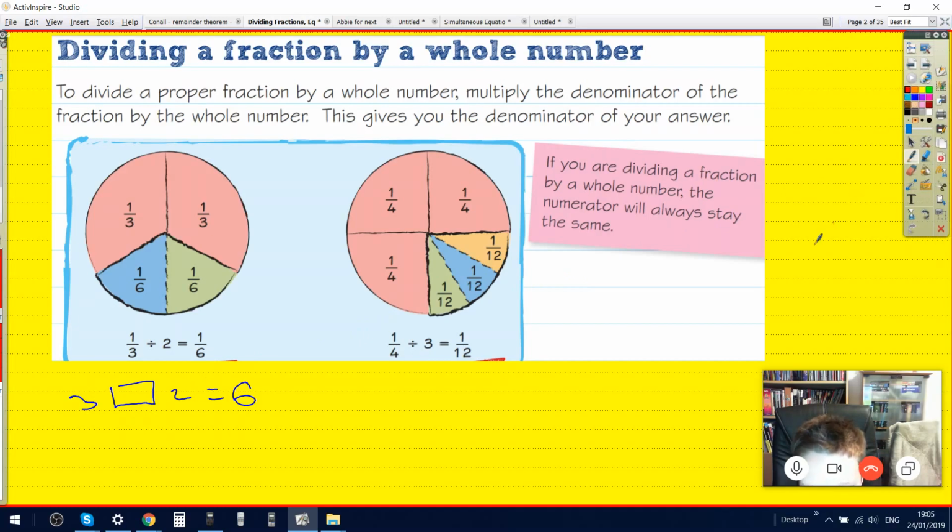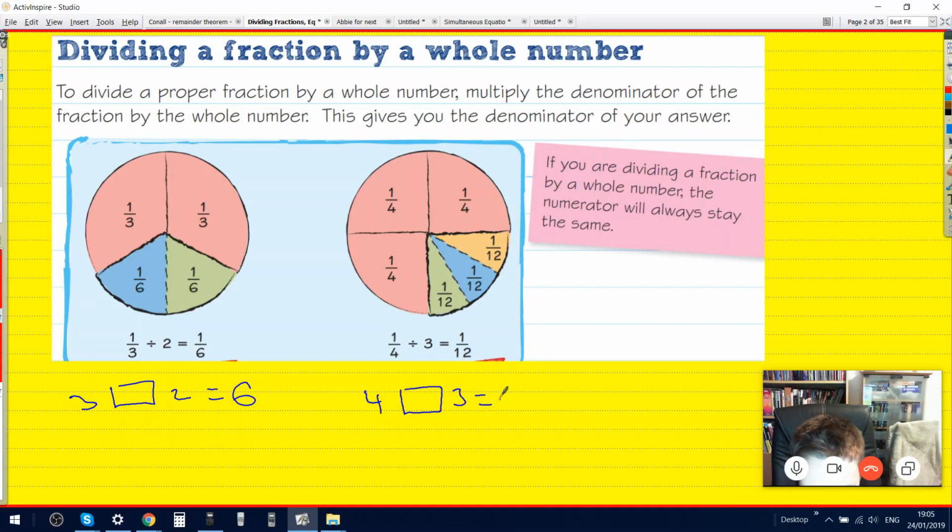Well, for the other one, it was split up into quarters, but then they divided one of the quarters into equal parts, and so it says instead of 1/4, 1/12, 1/12, 1/12. And so let's say for that one, they went from having 4 and 3 to 12. So what would go in the box?